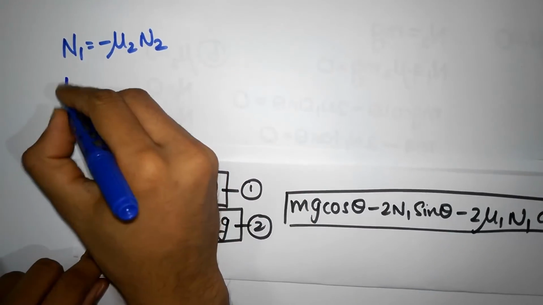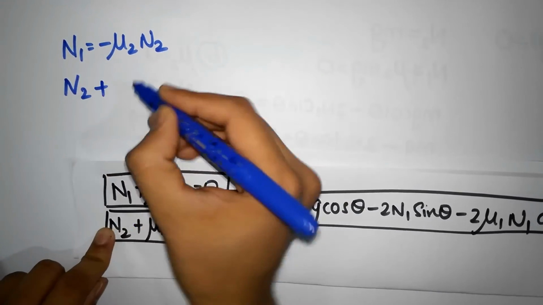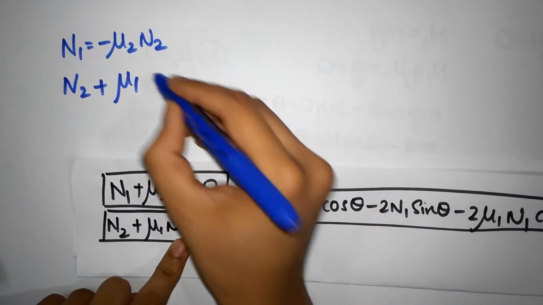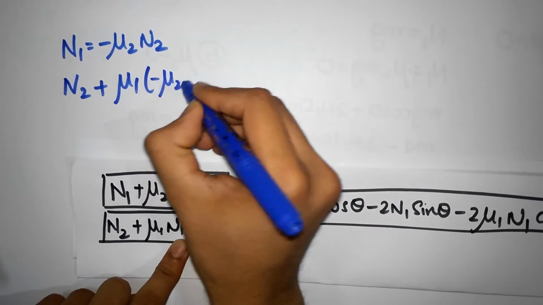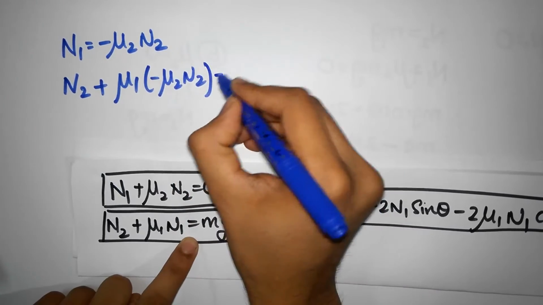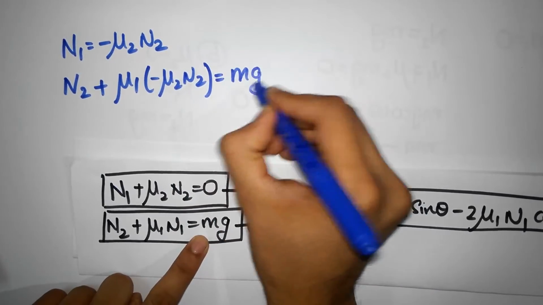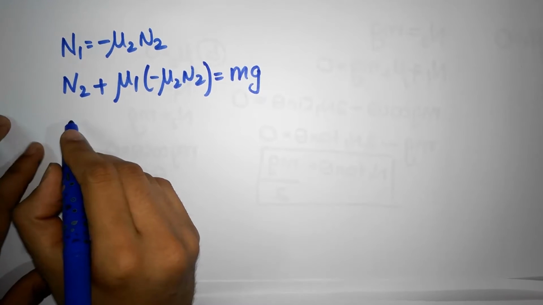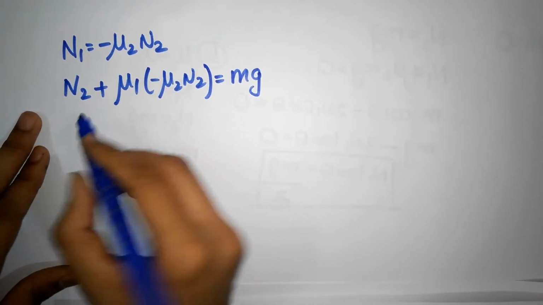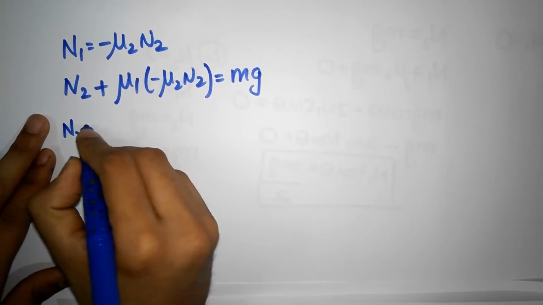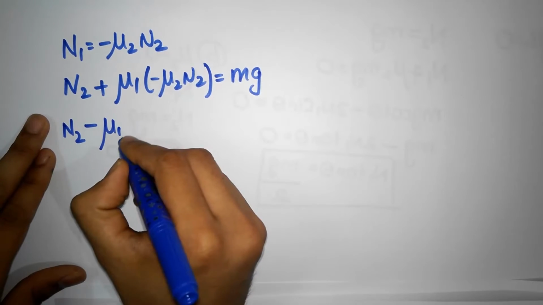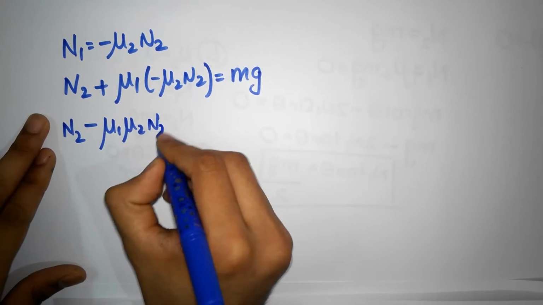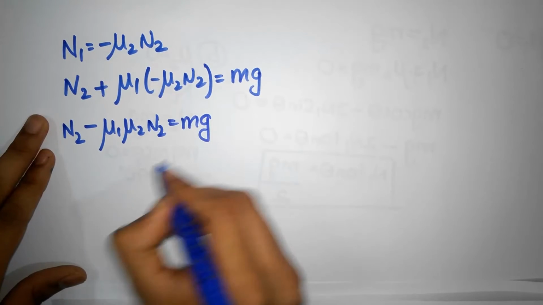You will get n2 plus mu1 times n1, which is minus mu2 n2, that goes to mg, which means we get now n2 minus mu1 mu2 n2 equals mg.